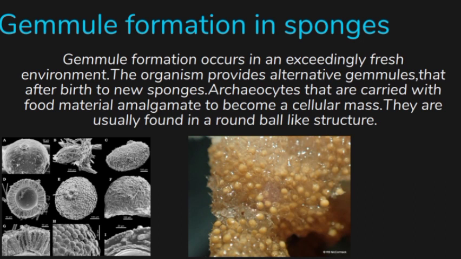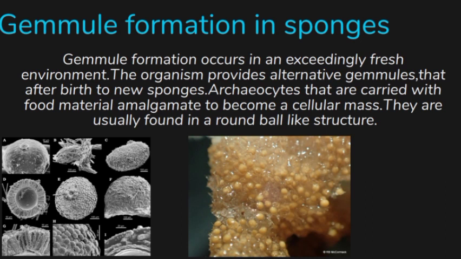The gemmules mostly occur in freshwater environments, as we said before. The organisms produce alternating gemmules that give birth to new sponges. When a sponge releases gemmules, it dies, and these gemmules give rise to new sponges.